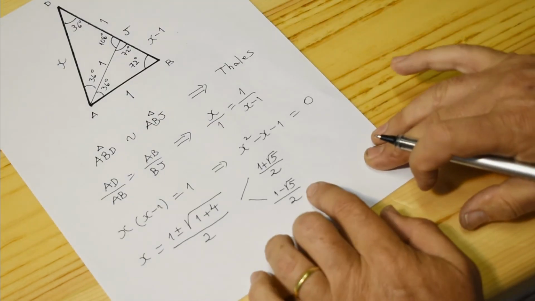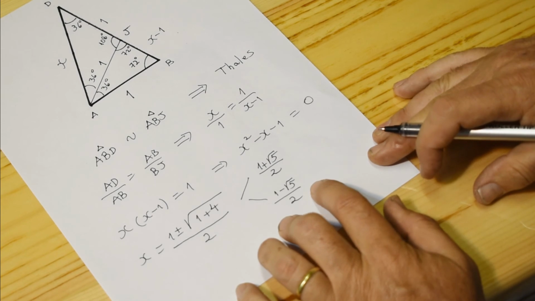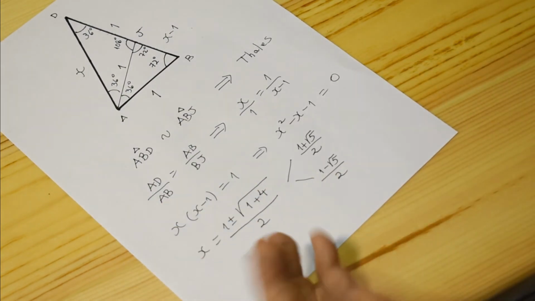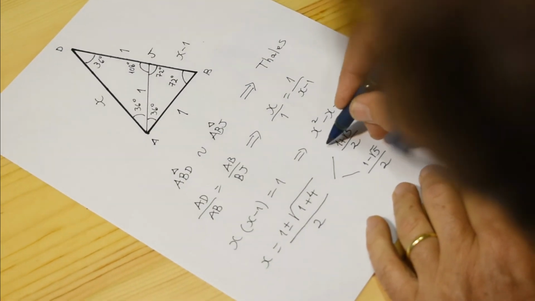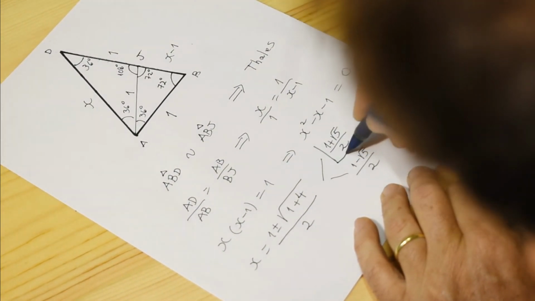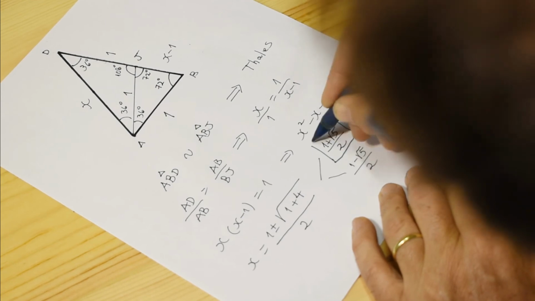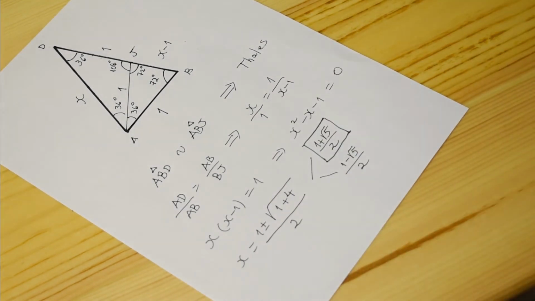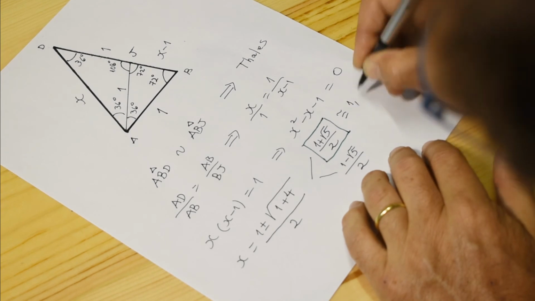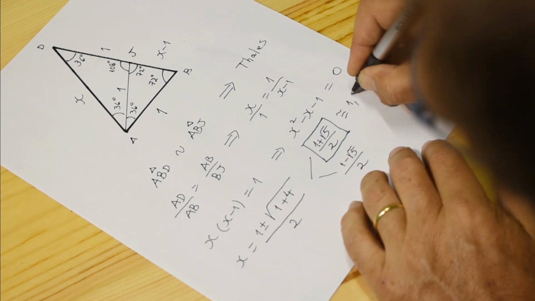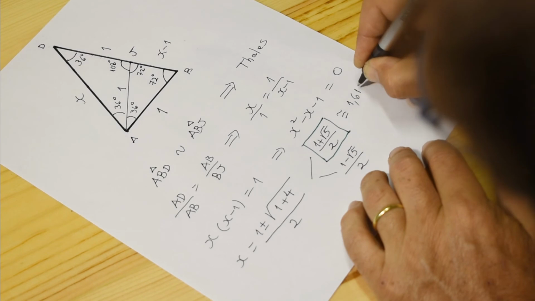We dismiss this one because it's negative, and the length of a side cannot be a negative number, and so we stay with this one, which is the golden number again. The famous golden number that is all around in math, in art, in biology, everything. And this is approximately, with 3 decimal digits, 1.619.